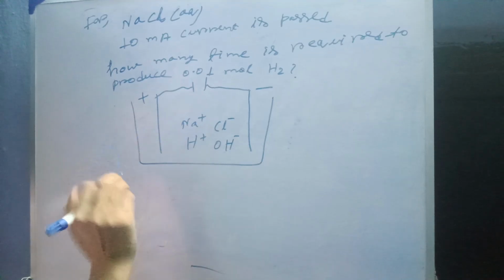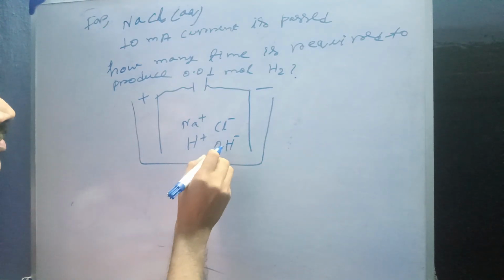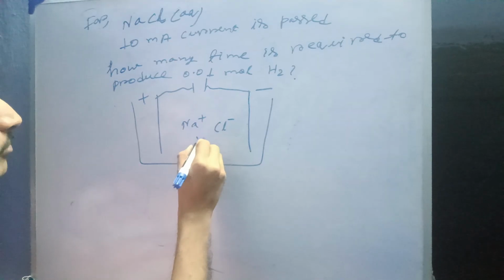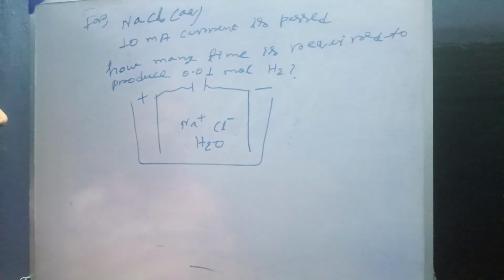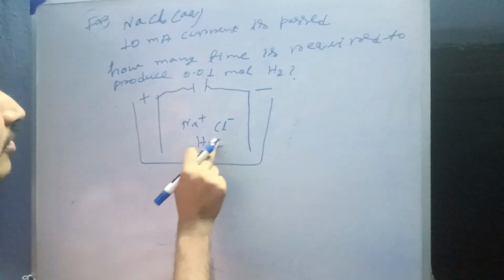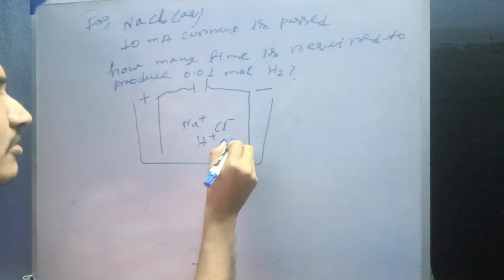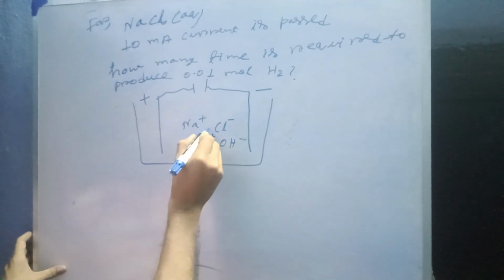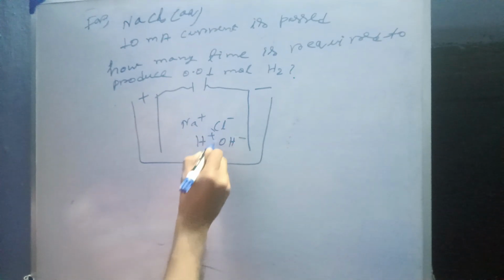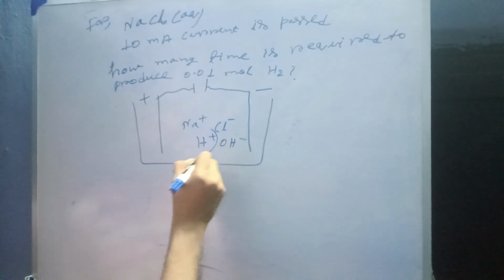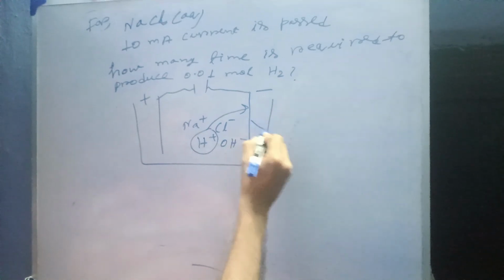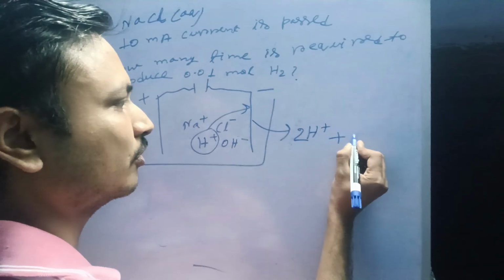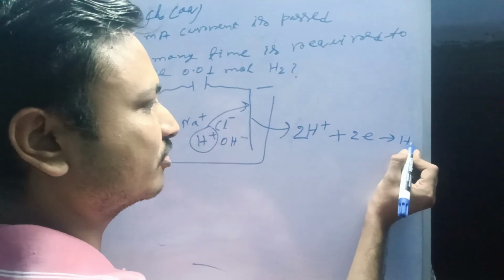Now, as we have seen earlier, the mobility of H plus is greater than that of Na plus, hence H plus will be reduced here to give 2H plus plus 2e to H2 gas.